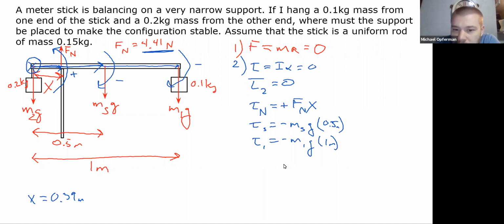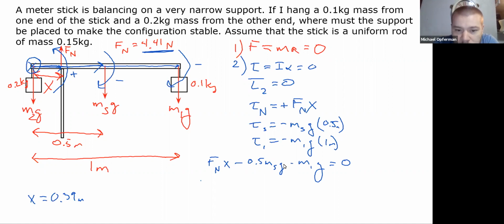So now I want to say the sum of my torques equals 0. So we're going to have F_N x minus 0.5 m_s g minus 1 times m_1 g equals 0. Now notice this time we cannot divide out a factor of g, because not every term has a g in it. So let's just plug everything in.